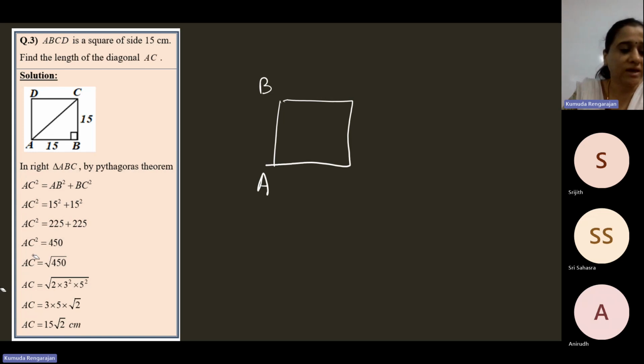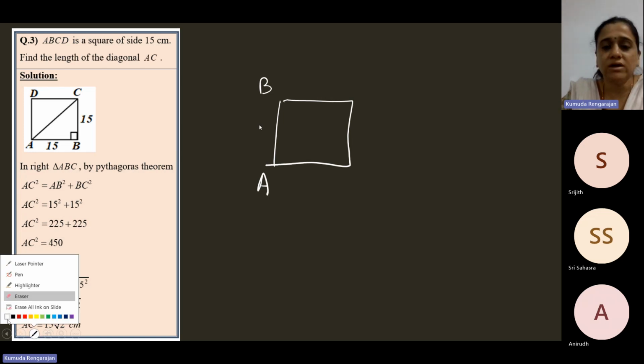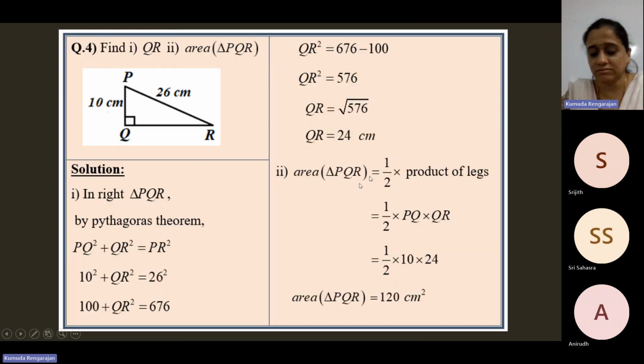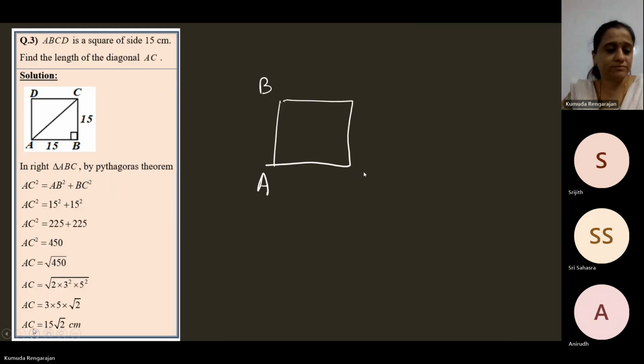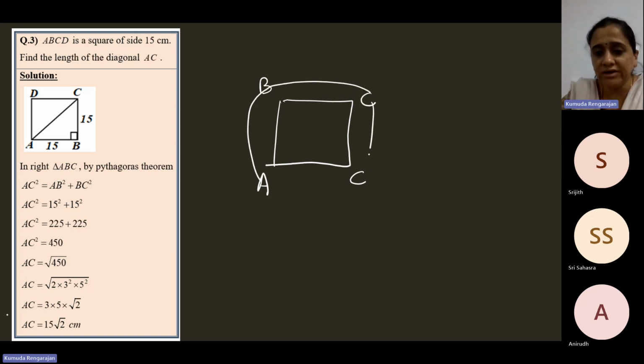So supposing you say A, B there. You should not write C here because A, B, you're going this way. So C is here and then D here.